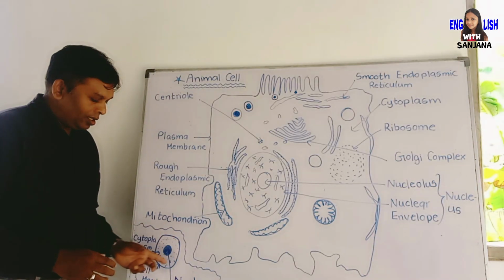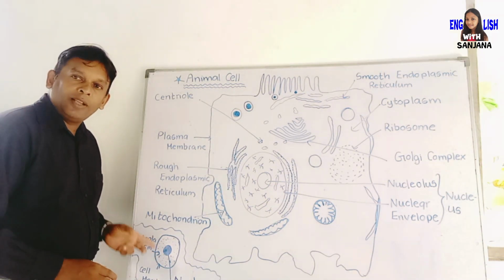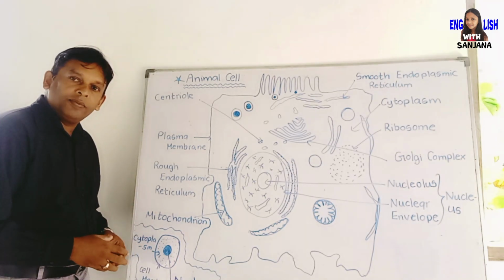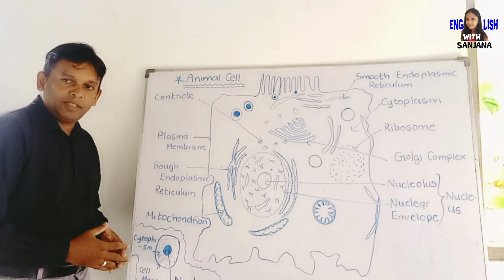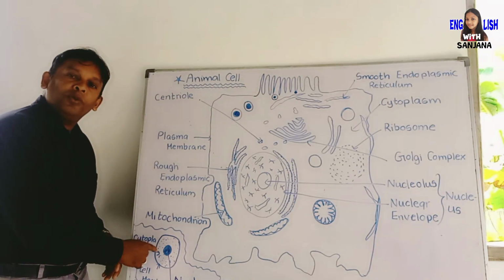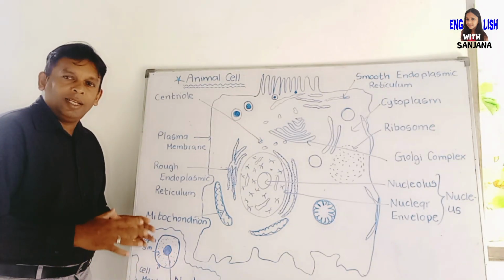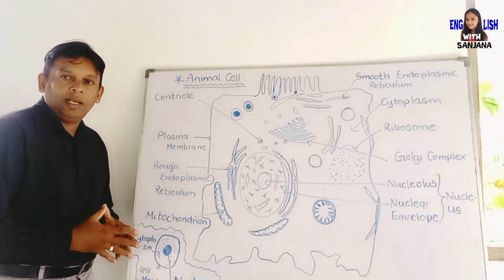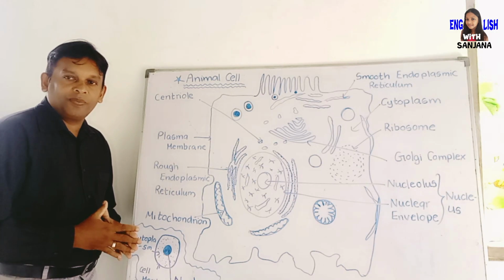And also this membrane is called the plasma membrane, the outer layer of the animal cell. It is called cell membrane or plasma membrane. Between these two you can observe the cytoplasm. These are the things that you can observe through the light microscope when you observe an animal cell.